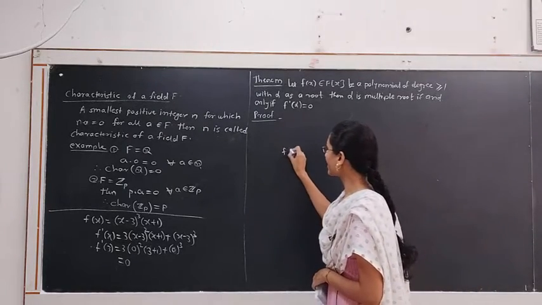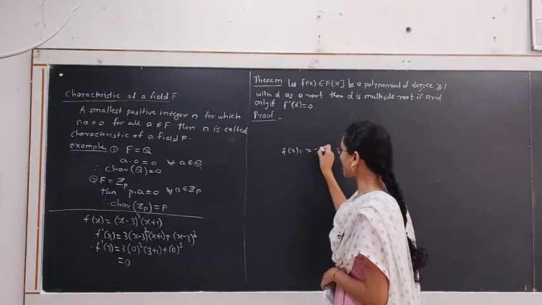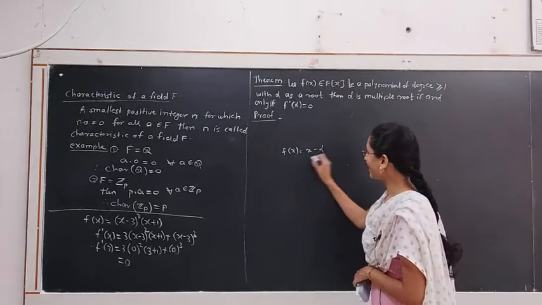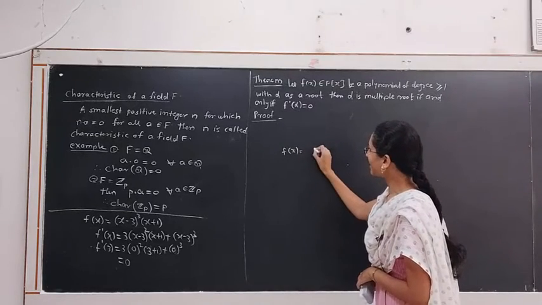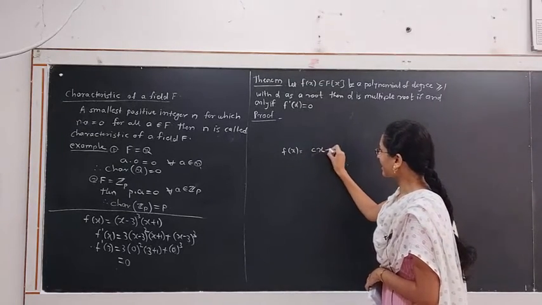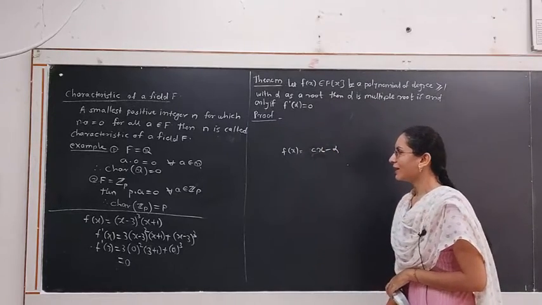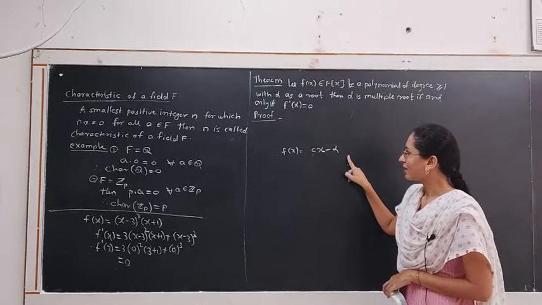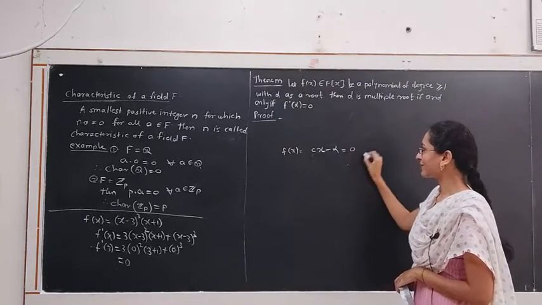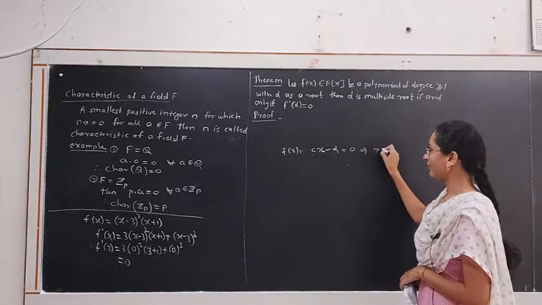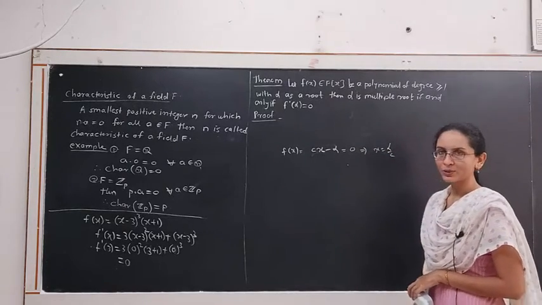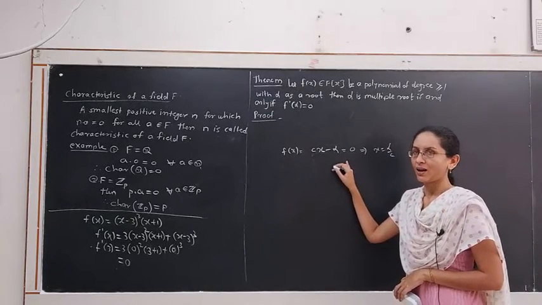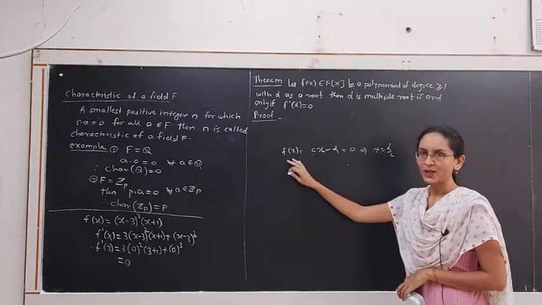For example, if we consider f(x) is equal to x minus alpha, this is a polynomial of degree 1, or we can say this polynomial as c(x minus alpha). Then this polynomial is of degree 1. It has a root. If we equate this polynomial to 0, then we get x is equal to alpha upon c. This is a root of the polynomial and its multiplicity is 1. It is the single root of the polynomial f(x).